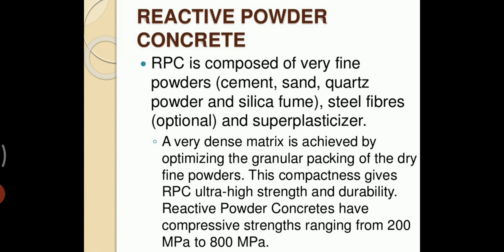To attain such high strength, we need these constituents, and the granular packing of the dry fine powders should be properly optimized. Then only we can achieve this kind of ultra high strength, in the range of 200 to 800 megapascal.